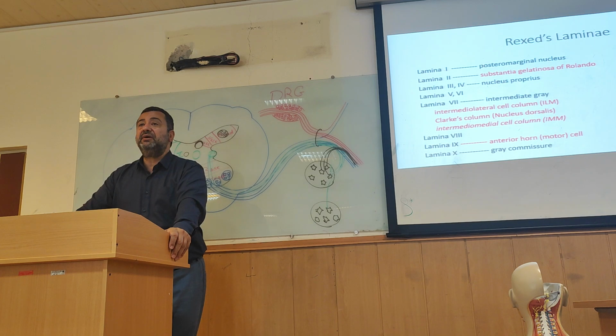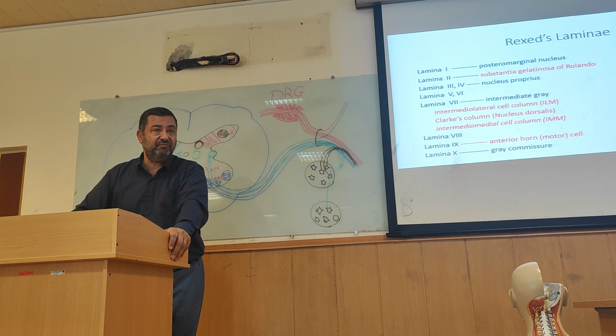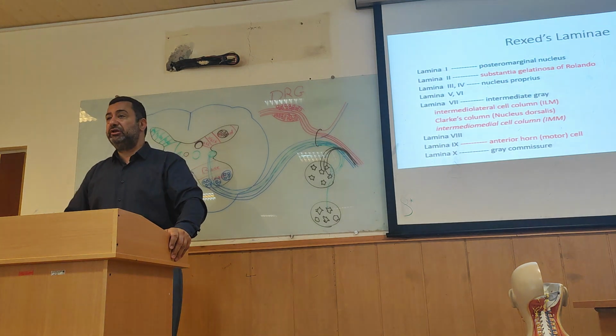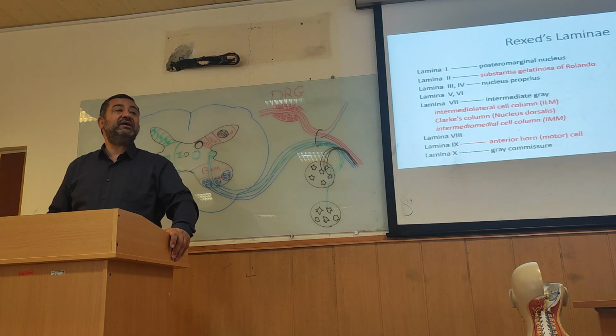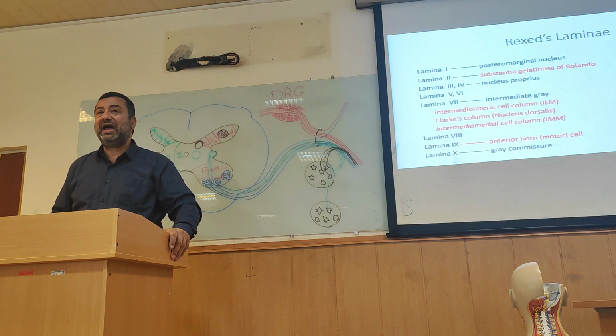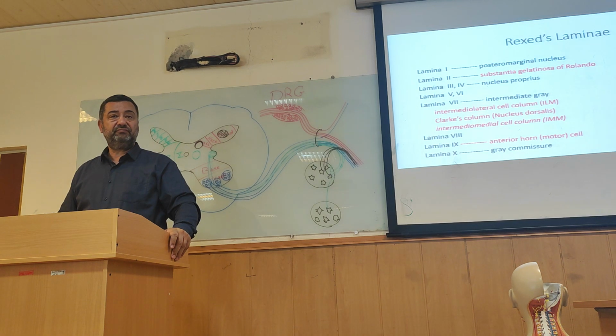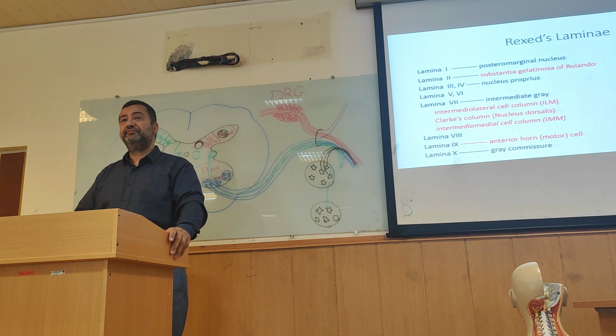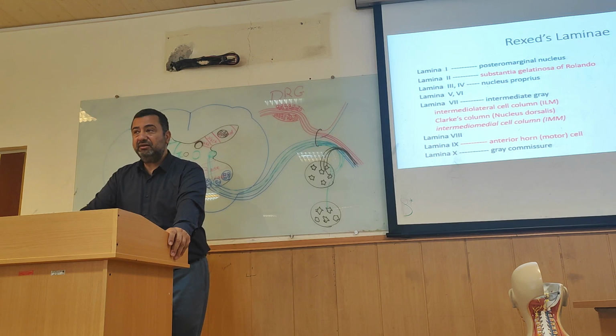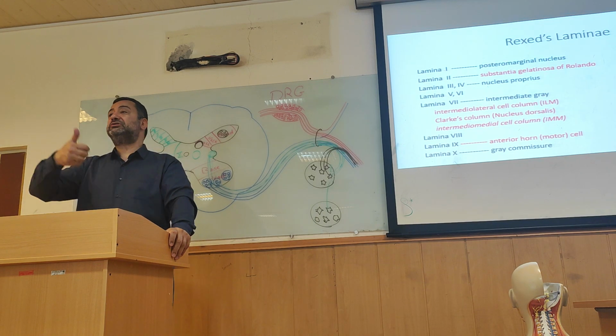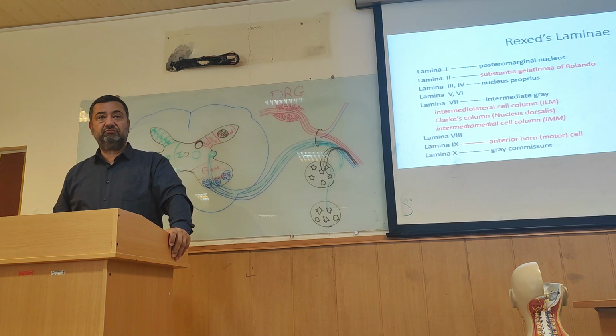Postganglionic fibers in the parasympathetic system have acetylcholine, but in the sympathetic system they have noradrenaline or norepinephrine. Noradrenergic. Okay? The difference between the sympathetic and parasympathetic systems is in the postganglionic fibers.